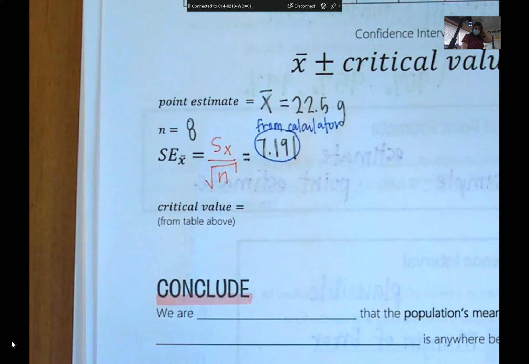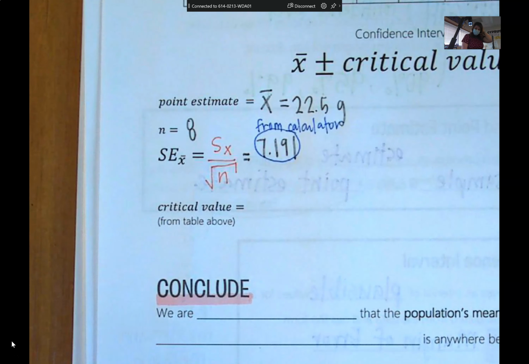So in this case, for 95% confidence, we're going to use 1.960. And I'm getting that from this table. Going to 95% confidence and using the critical value above it.